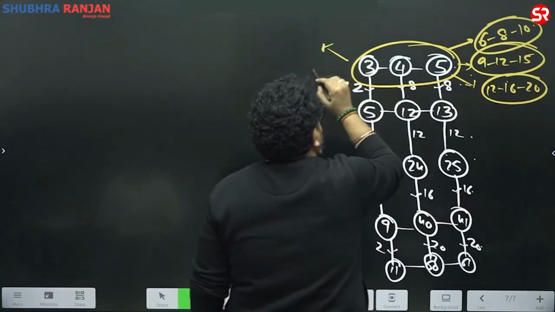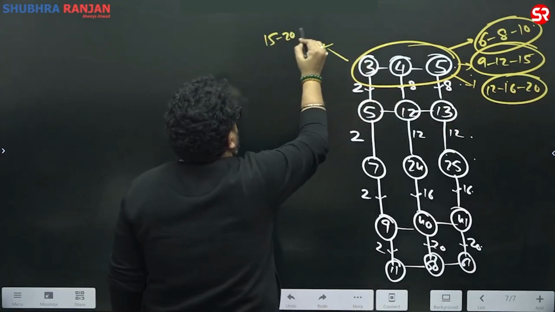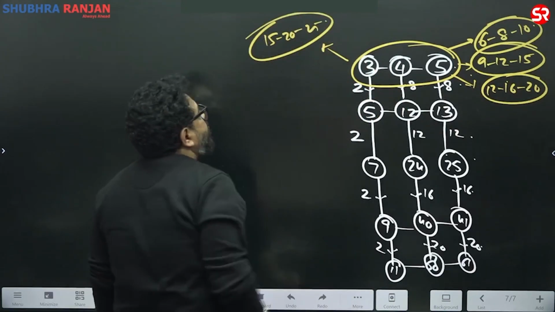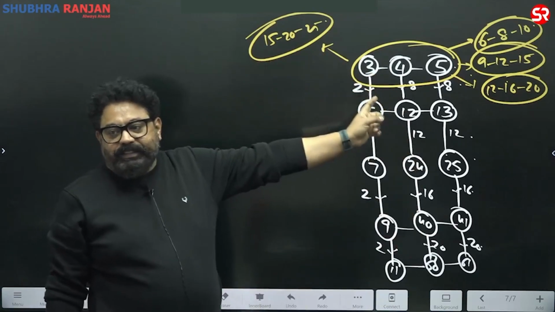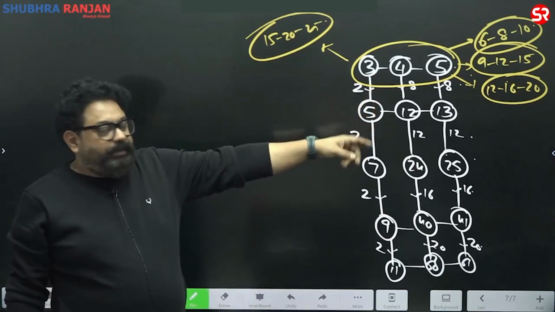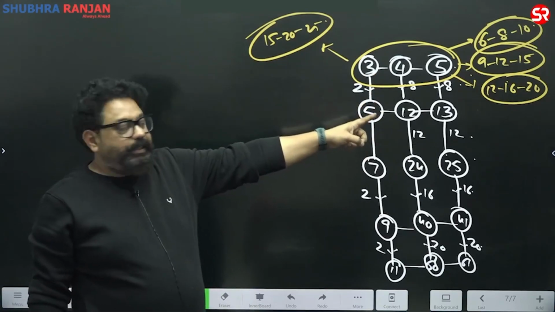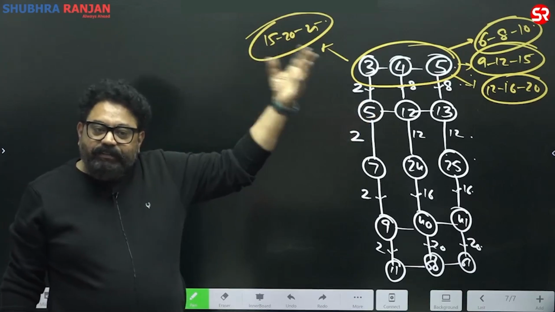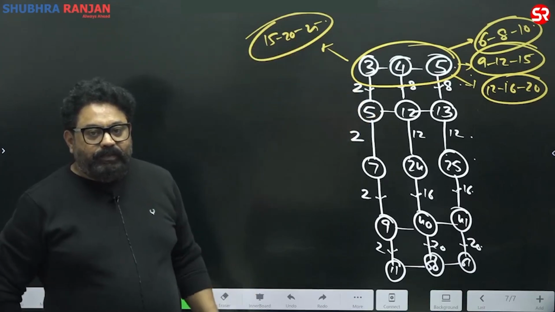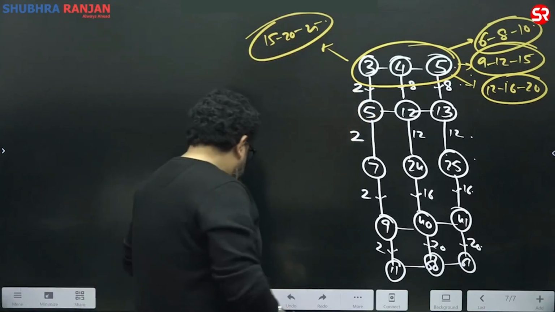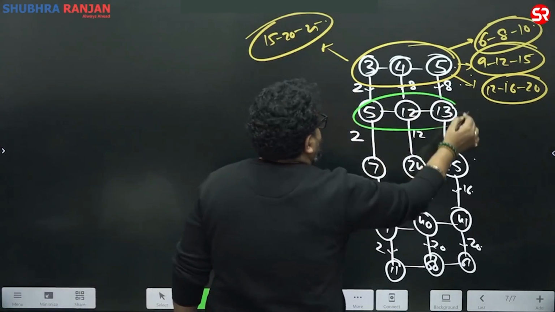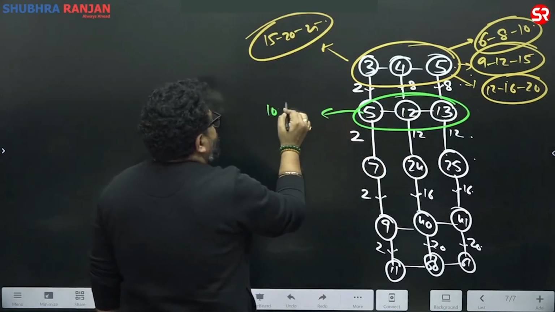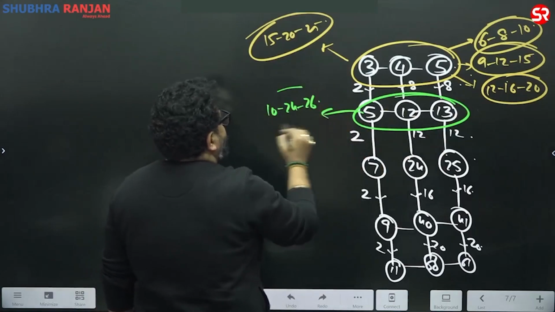Multiply by 5, 15, 20, 25, again a Pythagorean triplet. And you would have seen all these triplets, 6, 8, 10, 9, 12, 15, 12, 16, 20, 15, 20, 25. I have seen them many a time. So I am writing those as important. So pick up the second member and multiply. So if I multiply this by 2, I get 10, 24, 26. I have seen this Pythagorean triplet.